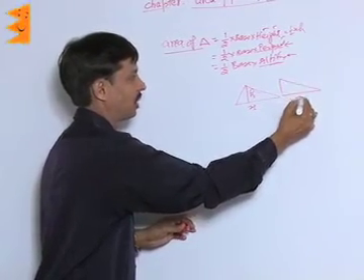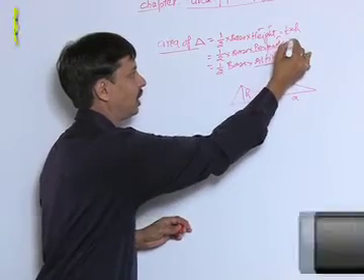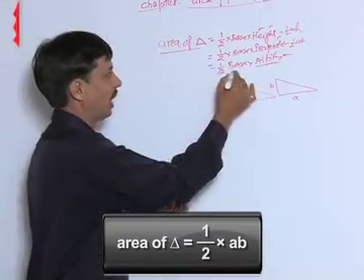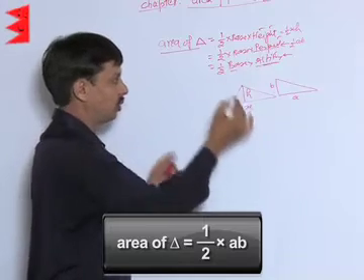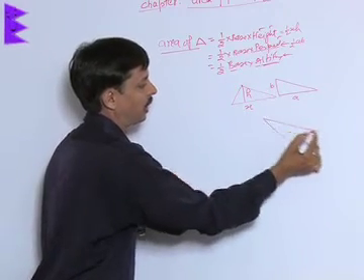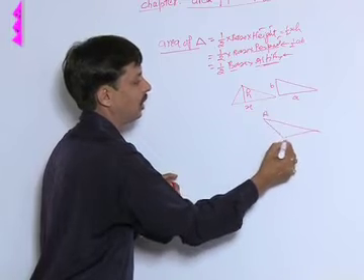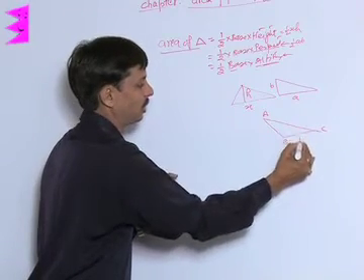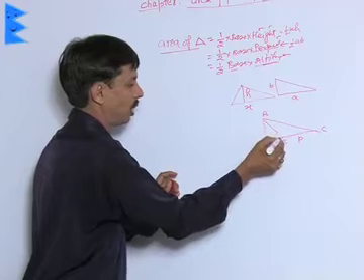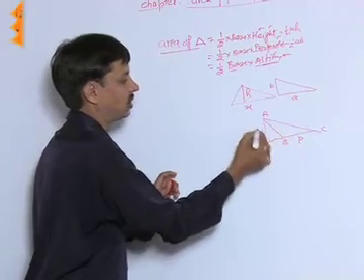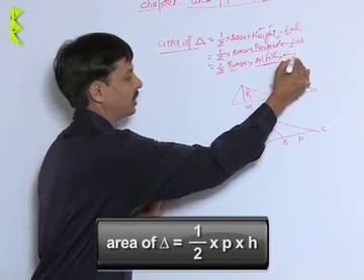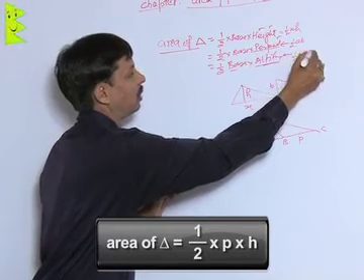Suppose base is A and perpendicular is B, the area is half into A into B. And then base and altitude: suppose the triangle is obtuse angled ABC, this length is suppose P, and this is the altitude which meets on extending CB. Suppose this value is H, then the area is half into P into H.